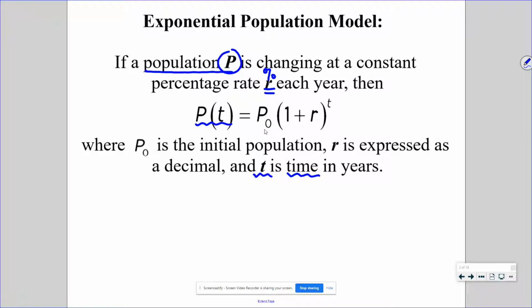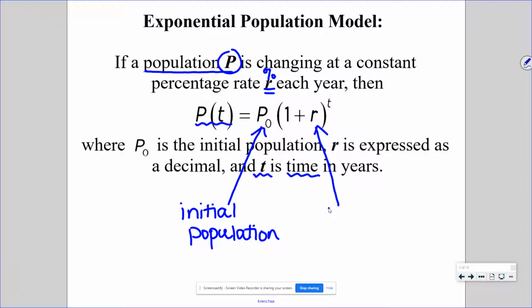P sub 0 is the initial population, which is like the starting population. R is going to be your percentage rate, but you're going to write it as a decimal.